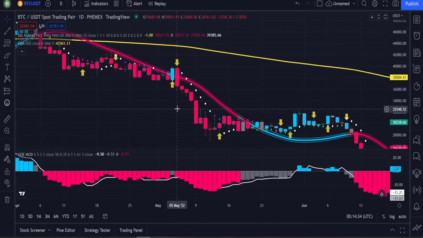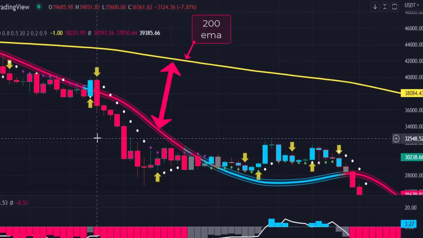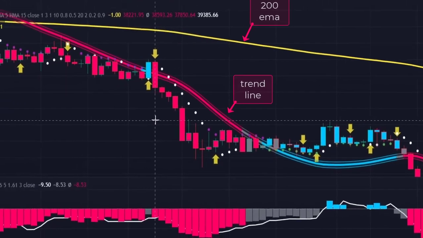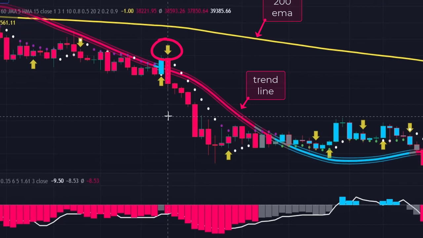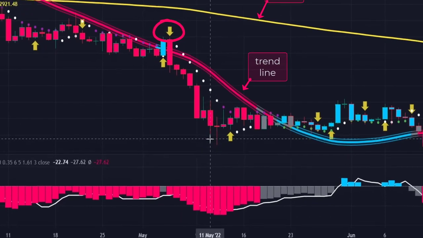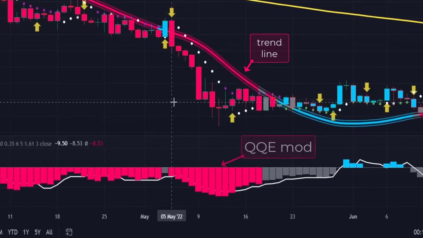Rule number 1 for opening a short trade: the price action needs to be below the 200 EMA, like it is here. Number 2, the trend line needs to be red, and the price action also needs to be below the trend line, like it is right there. Number 3, we want to wait until we get a sell signal with an arrow. Now for rule number 4, for a sell trade, the WQE mod needs to be either gray or red.